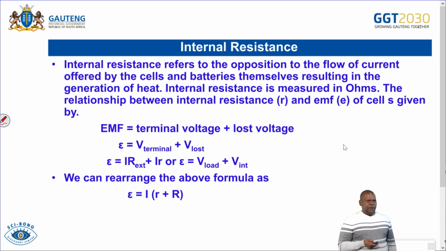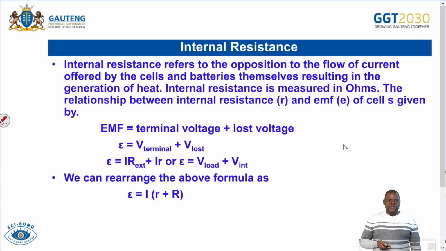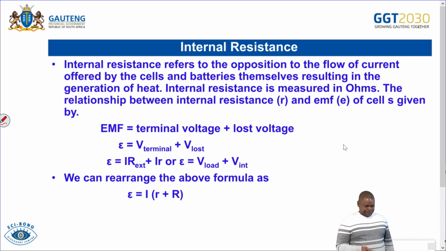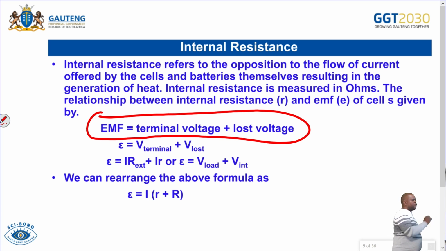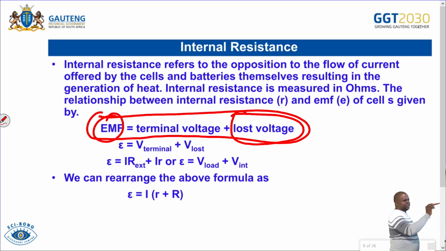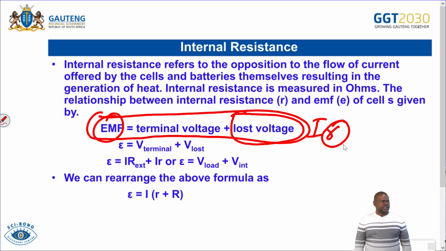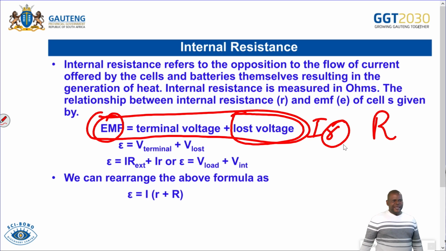The relationship between the internal resistance and the EMF of the cell is given by this formula, grade 11s. In here, small r is the one we call internal resistance, while capital R talks about the external resistance.